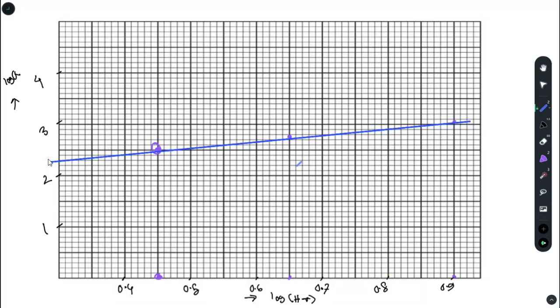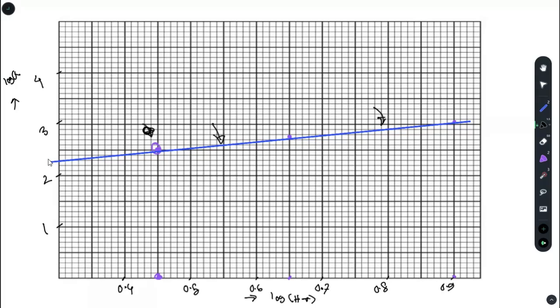So from that, I'll get the values so that I can get the slope. Let's say I have a point over here, and another point here, these two points. I don't want this point, this point.